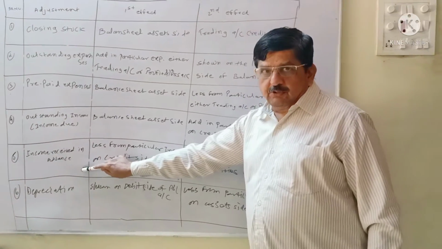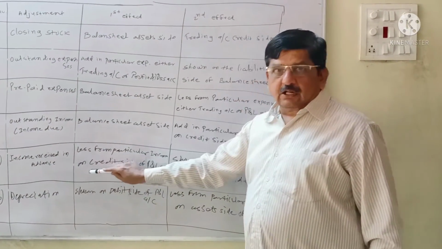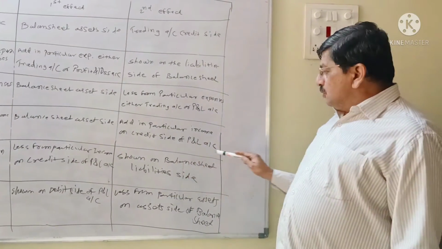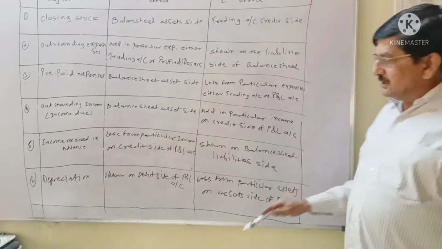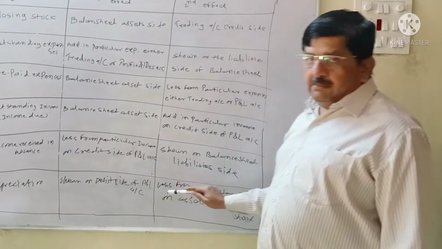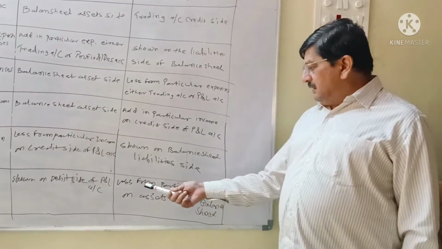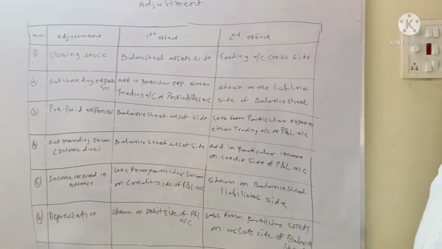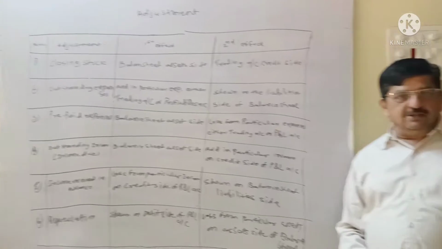Income received in advance, known as pre-received income: deduct from the particular income on the credit side of P&L, show on the balance sheet liability side. And depreciation is our loss, shown on the debit side of the P&L account, and the second effect, deduct from the particular asset as depreciation. So these are the 6 adjustments.